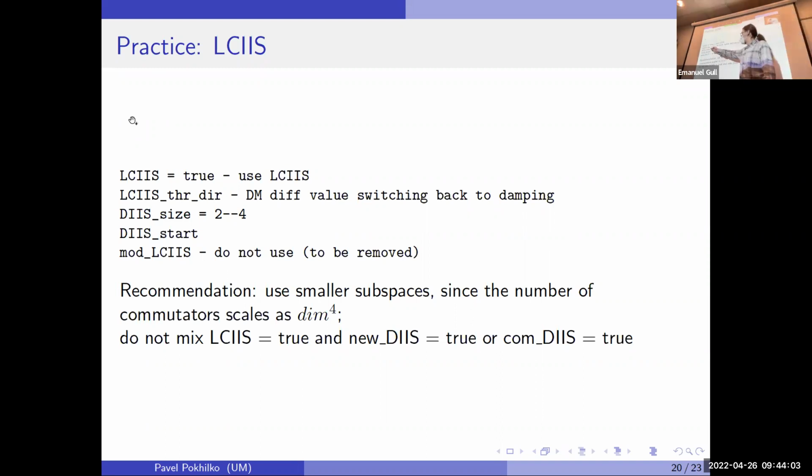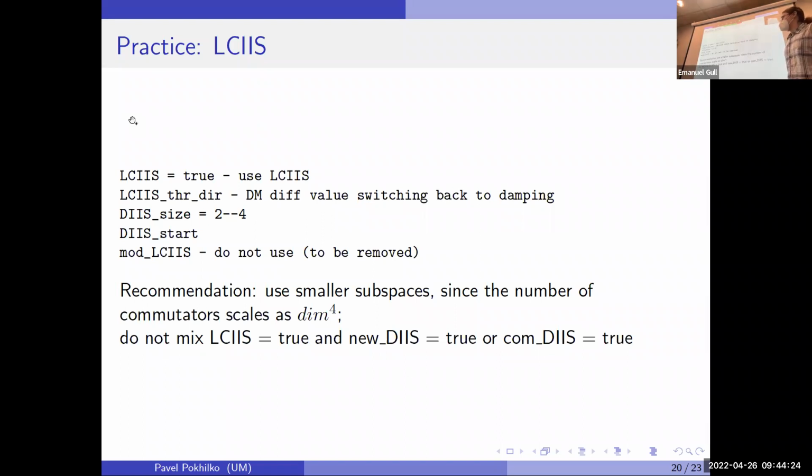So I put this parameter LCIS threshold here. It's a switch to this direct damping-like iterations where the commutator evaluation is not used and the subspace is not used, just straight iterations in the end, just to avoid this numerical noise.